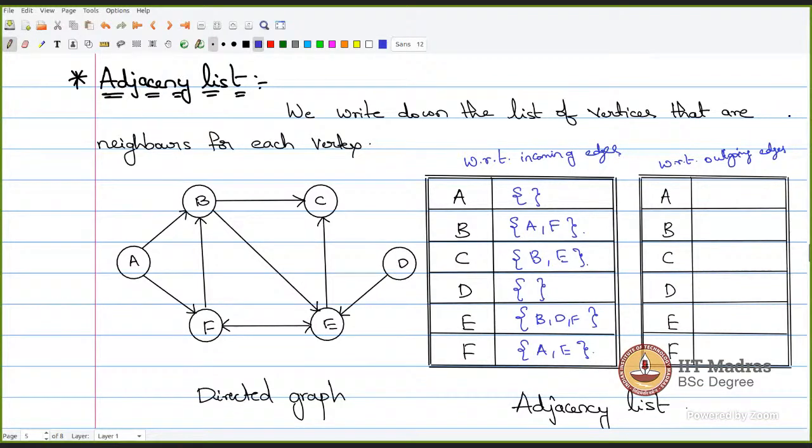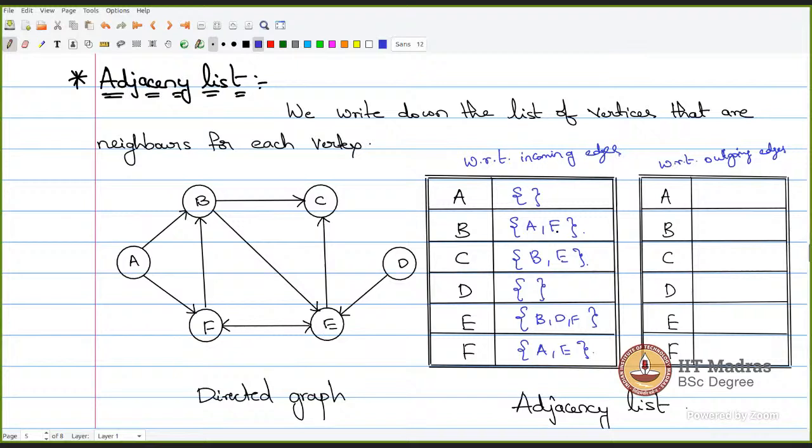So there might be some situations where adjacency list will be less efficient, like searching for an element, searching for an edge. Maybe if it is an undirected graph, your list may repeat entries like FE and EF every time. But in the adjacency matrix, if you see the symmetry, you don't need to worry about half of the entries.